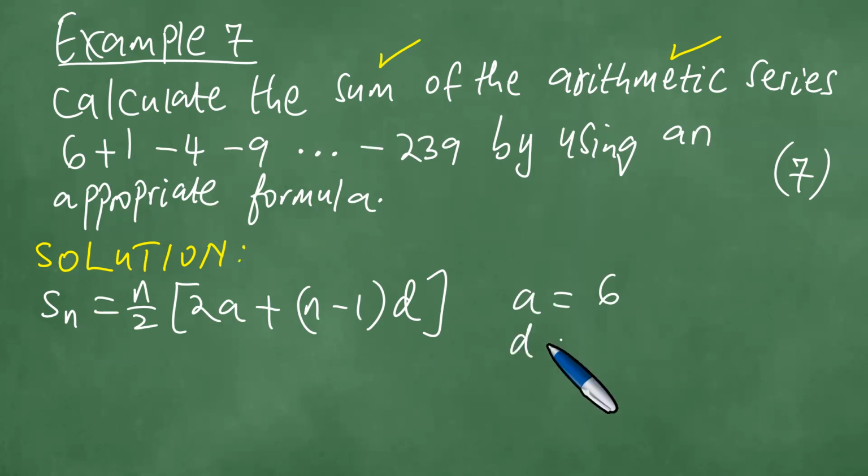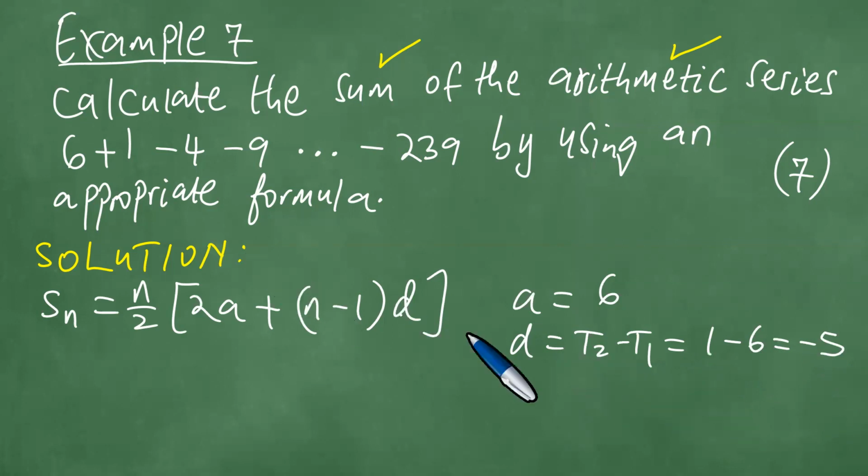The common difference is D. For the common difference, you must also say T3 minus T2, because if you only say T2 minus T1, you must check if it is common indeed by saying T3 minus T2.